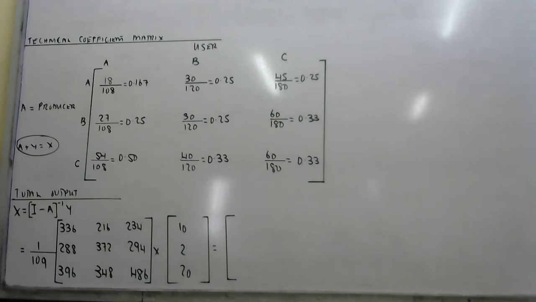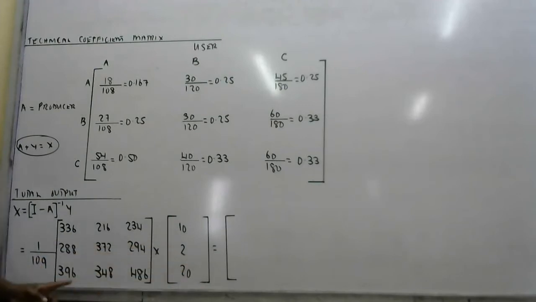So the calculator is that. So we said you create a 7 when multiplying a matrix.